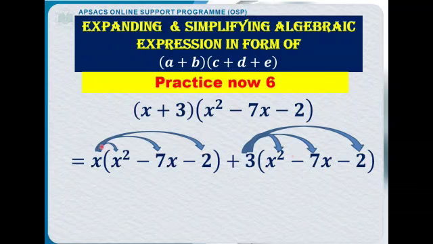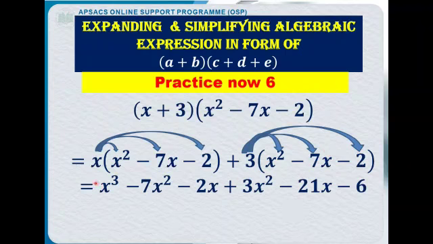Clear? Now this x is multiplying with x² − 7x − 2, then 3 multiplies x² − 7x − 2. What we get? x times x² is x³, x times −7x is −7x², x times −2 is −2x. Clear? Plus 3x², plus 3 times −7x is −21x, 3 times −2 is −6.